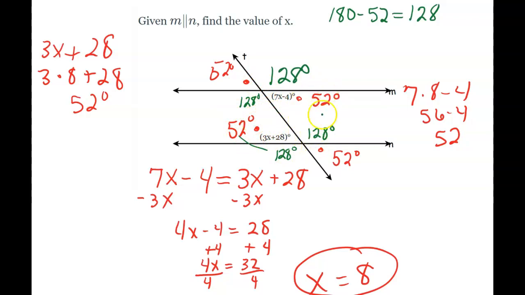These two over here also add up to 180 because they're consecutive interior angles. Over here, also, notice not a place on here are the 52s next to each other. Okay, that's the way this works. They're going to be supplementary every direction that we look.